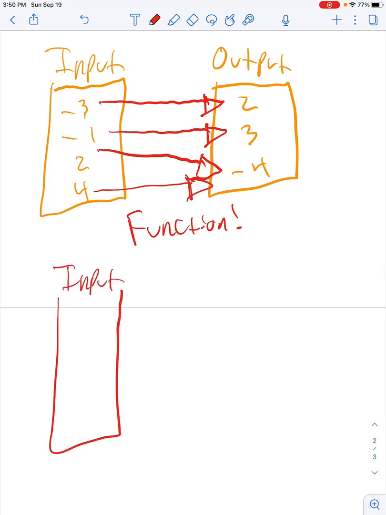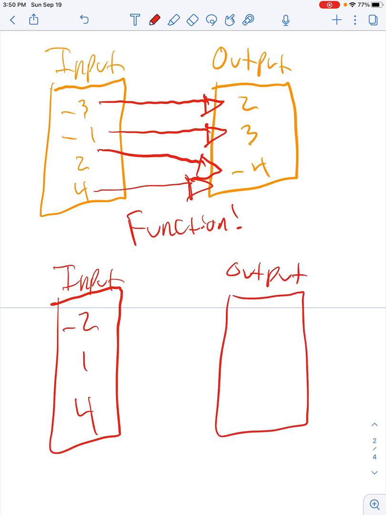Let me show you an example of something that's not a function. So if I take my inputs and let's say that I've got -2, 1, and 4, and then I've got my outputs as -4, -1, 2, and 3. And for this example, I'm going to say, hey, if I input -2, I get an output of -4.